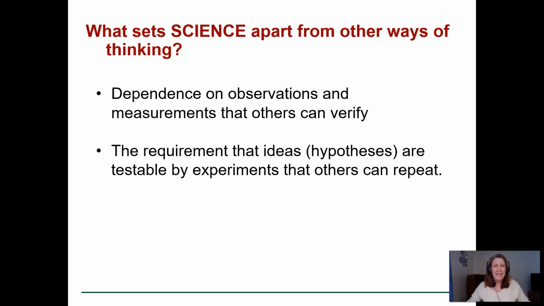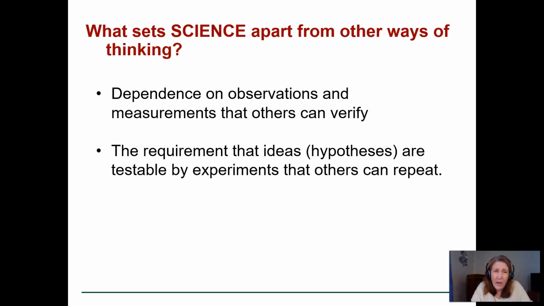So what makes science different from these other ways of thinking we just spoke about? Science depends on observations and measurements that others can verify. Sorry, I said clarify, verify, same word. And the requirement that ideas or hypotheses are testable by experiments that others can repeat.